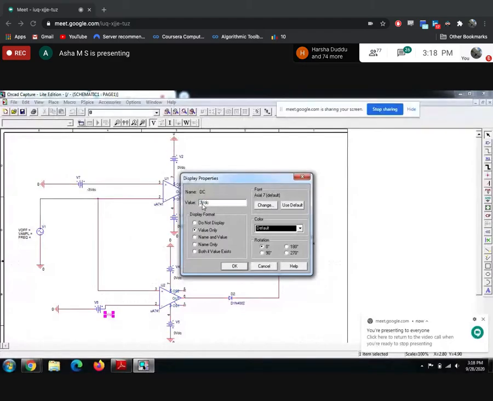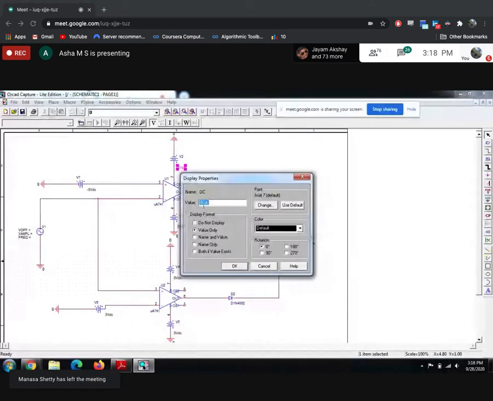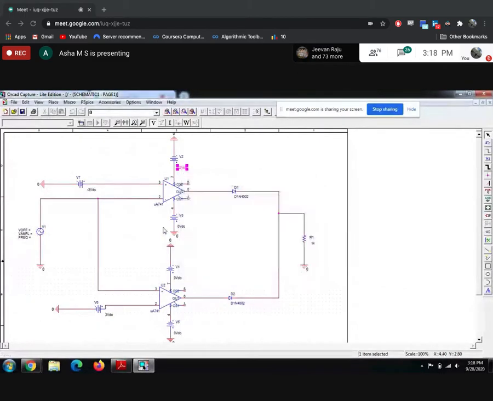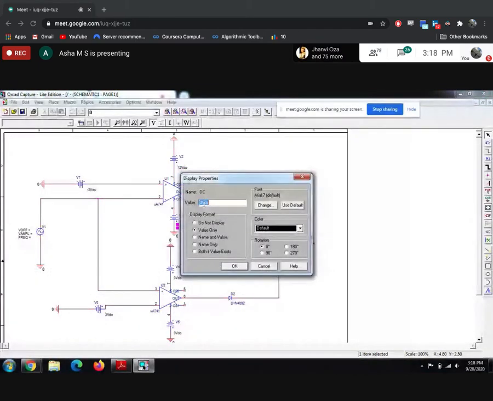Remaining 4 power supplies should be changed to 12 volts. Only these two are minus 3 and plus 3, the remaining ones are 12 volts.